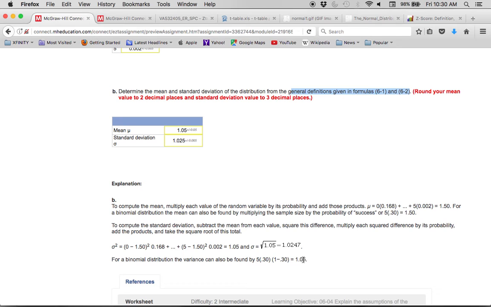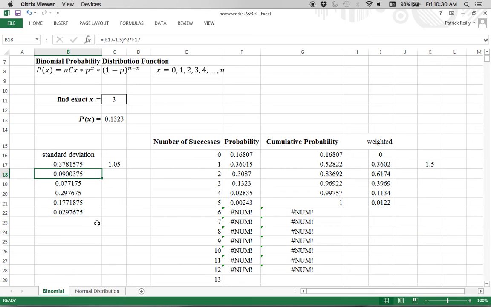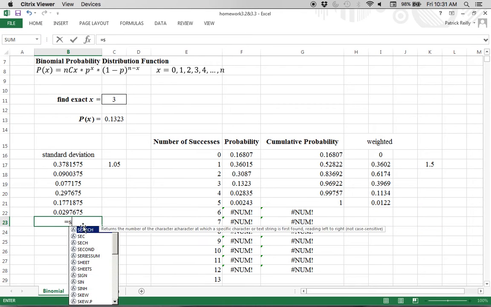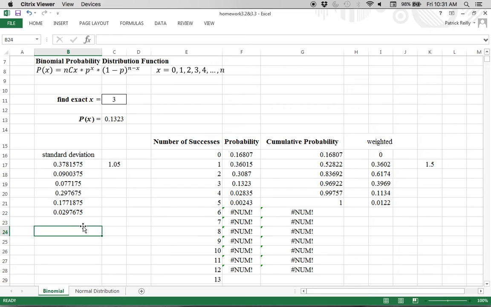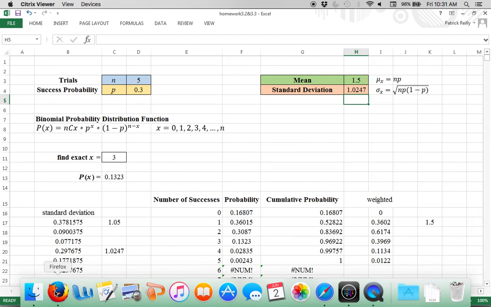And we got 1.5 for sigma squared, so we need to take the square root. Take the square root of 1.5, and we get 1.0247, which is what we got up here with our standard deviation formula. Alright, so that was that question.